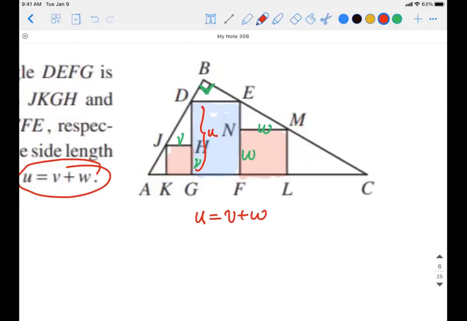However, check it out, UVW are basically three side lengths. There's kind of no way for you to put them into the same triangle. So they're totally impossible to fit into one triangle. So if you go for direct 2D geometry, it might not be that easy.